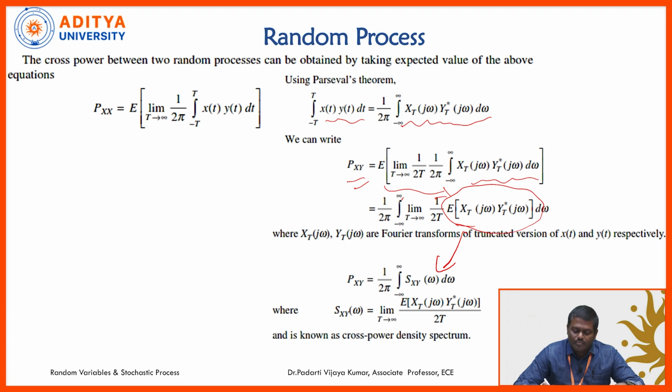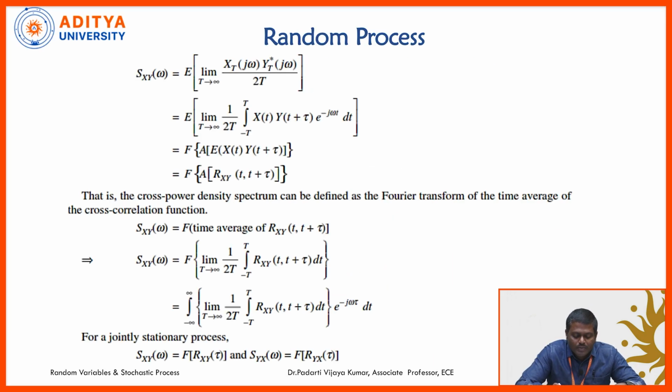So, Sxy of omega is mathematically defined as limit T tends to infinity, expectation of x_T of j omega y_T star of j omega, which is nothing but the cross power spectral density. So the cross power spectral density formula, and in this formula what we are doing is x of t, y of t plus tau, e power minus j omega tau. And this is mathematically equal to the time average correlation function.